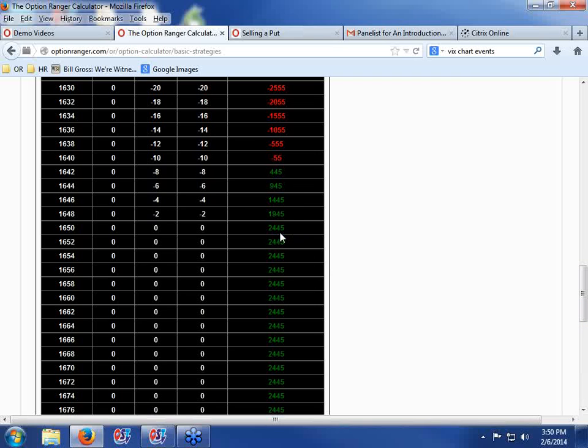If the market is on expiration date at 1650, which is 117 points lower than it is right now, and you were so wrong about your upside direction, you would still, at expiration, above that price, keep your 2,445, because this is handicapped with volatility.